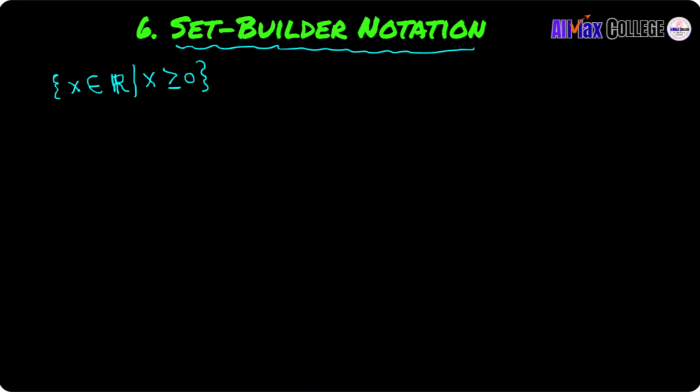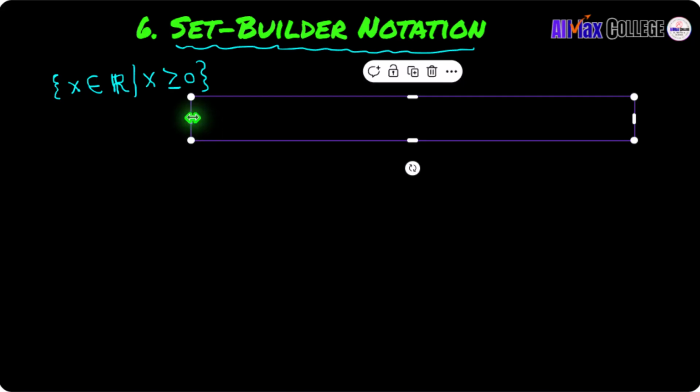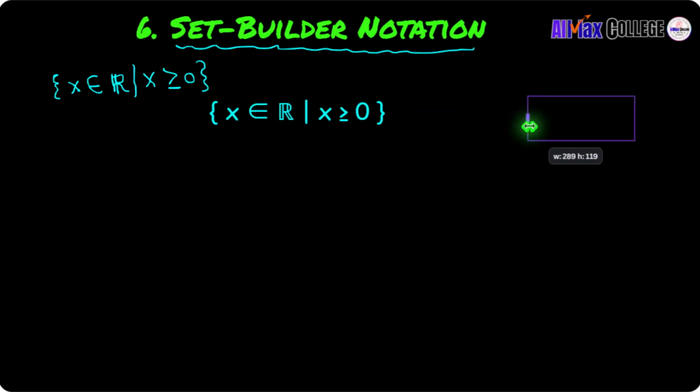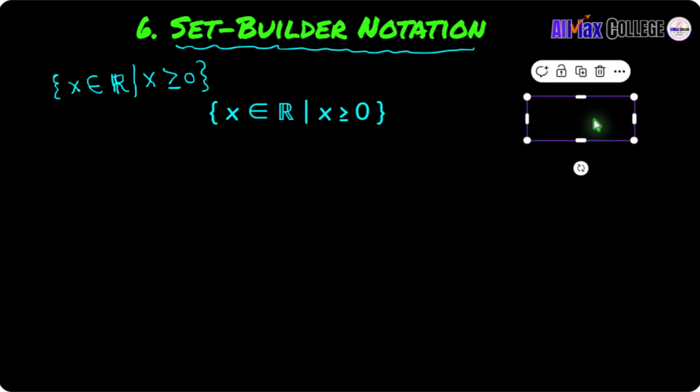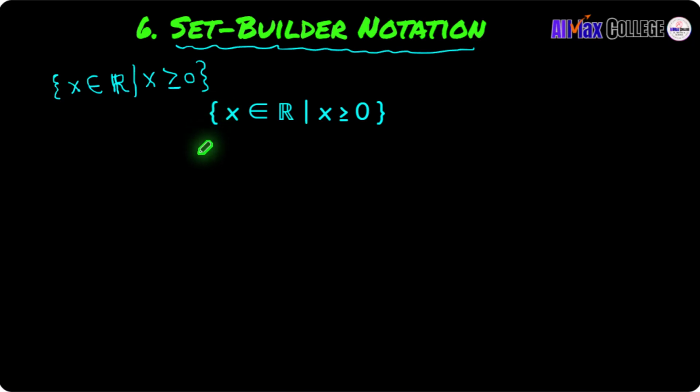Sometimes it may be difficult for you to recognize my handwriting. Because this is not all English, this is some other alphabetical notation, so I have typed it to explain. Here it is. This curly bracket, let me read this to you in plain English. The curly brackets mean the set.